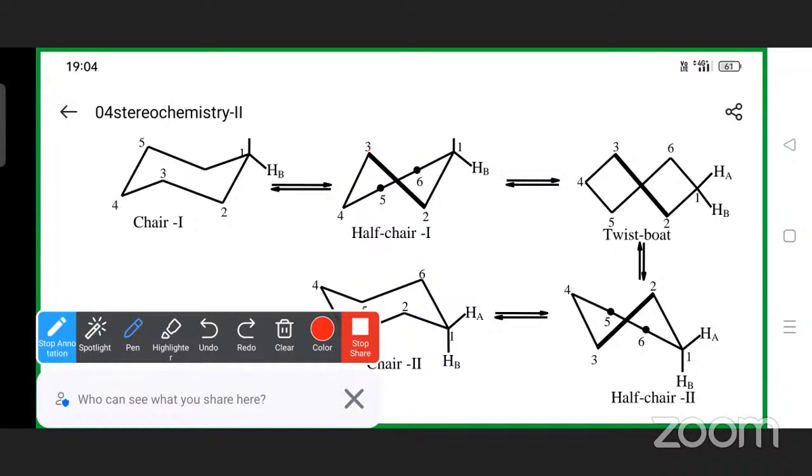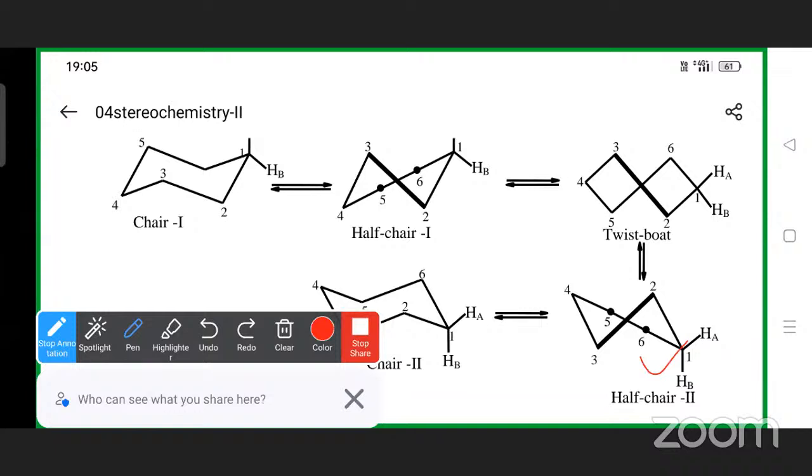And then upon twisting of this half chair conformation, it gives the twist boat here. And then from this twist boat, it converts again into the half chair conformation 2.